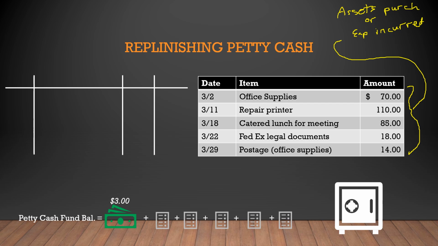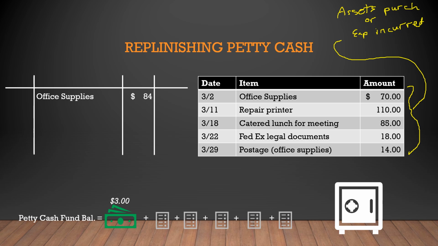For starters, we'll debit office supplies for $84. This item is the sum of the $70 of supplies purchased on the 2nd, plus the $14 of supplies purchased on the 29th. If you like, you could show these two amounts on separate lines.